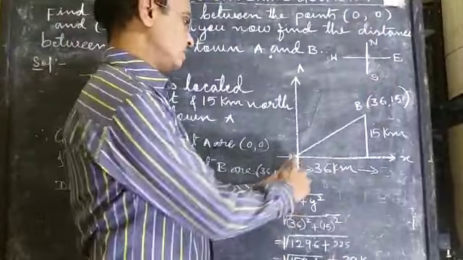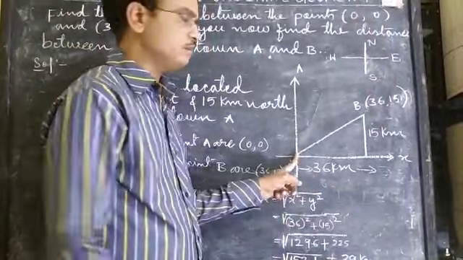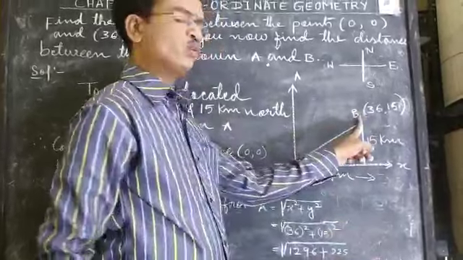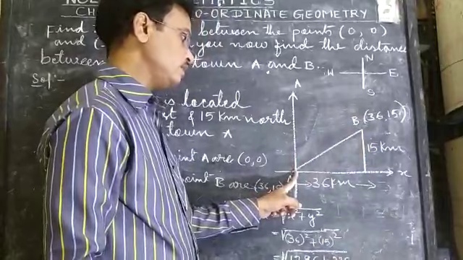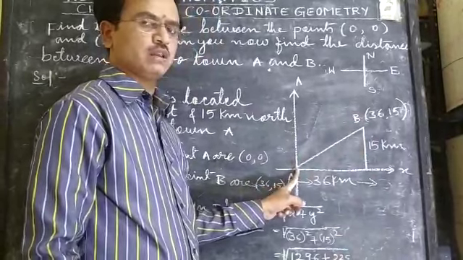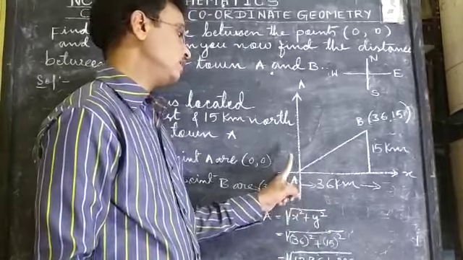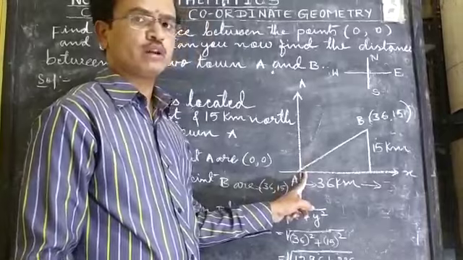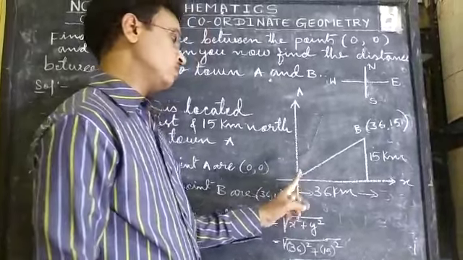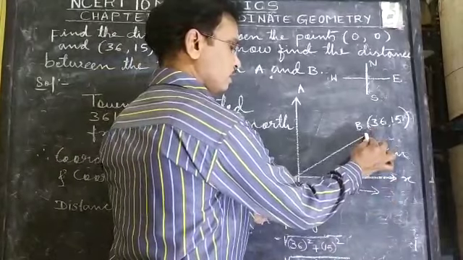Now here point A is town A, and this point is town B. Town A is at the origin, that means x coordinate is 0 as well as y coordinate 0.